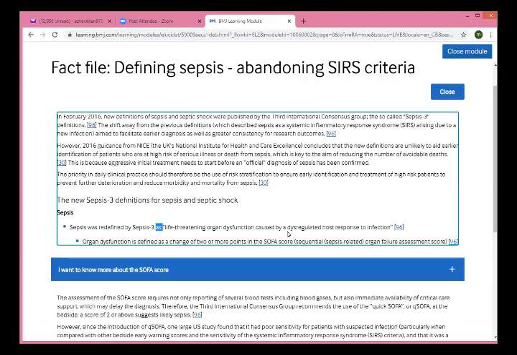The new Sepsis-3 definition is life-threatening organ dysfunction caused by a dysregulated immune response. So organ dysfunction is defined as a change of 2 or more points in SOFA score.